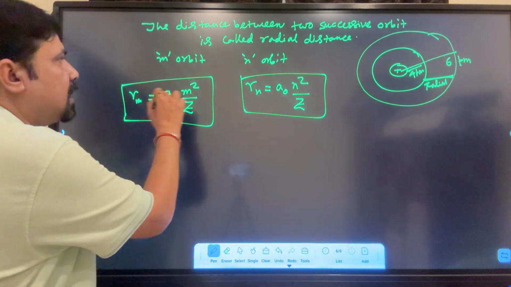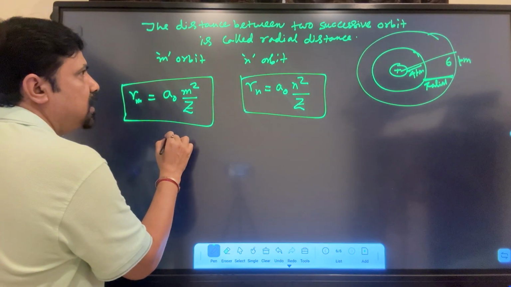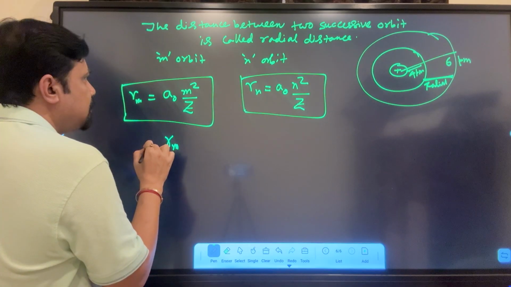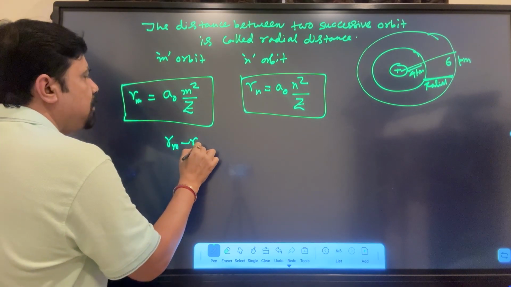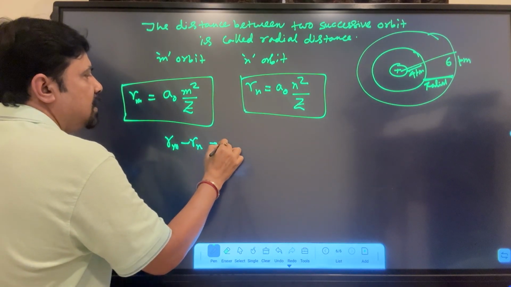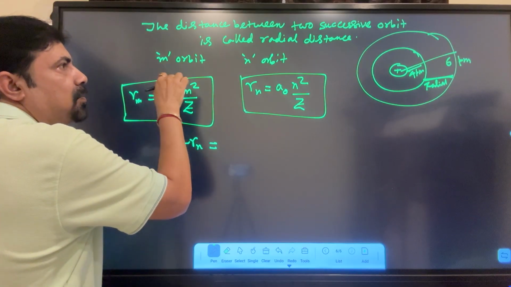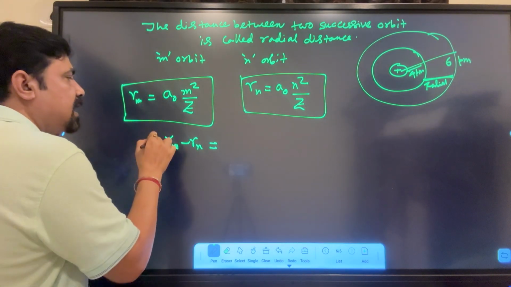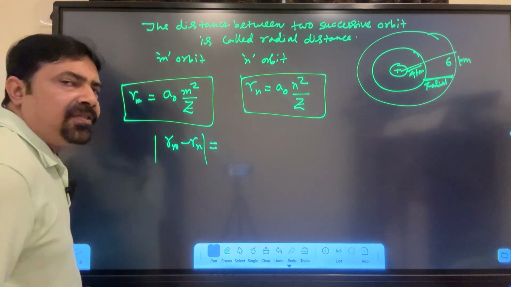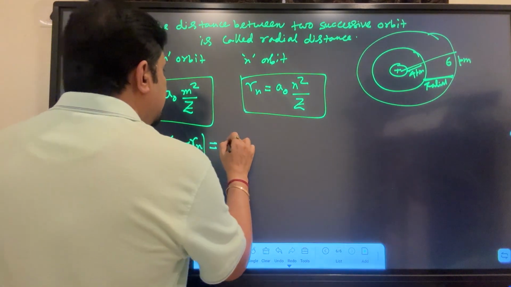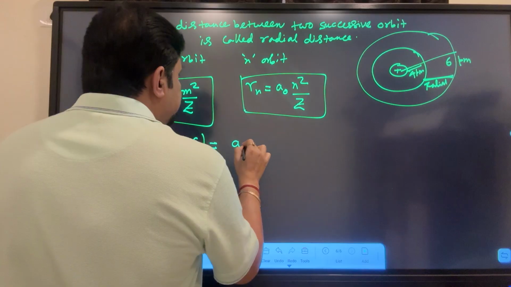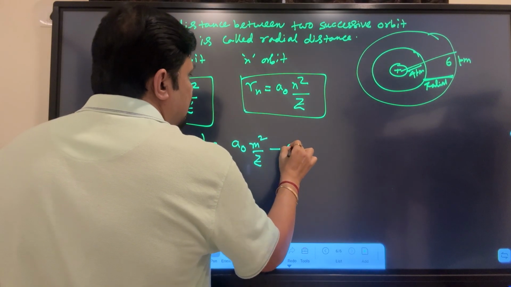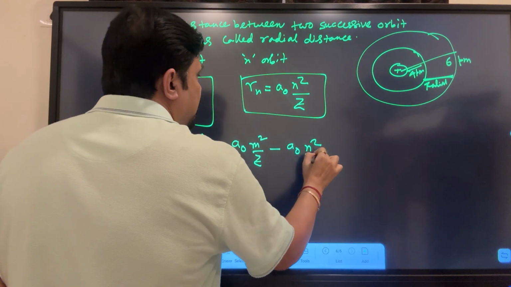Now if you take their difference, Rm minus Rn, where this is the higher orbit radius and this is the lower orbit radius, I take m minus n, or only the magnitude. So it is a naught m square by z minus a naught n square by z.